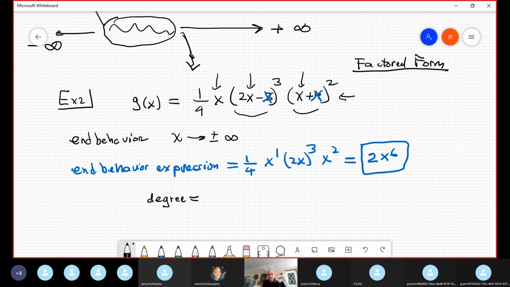This is confusing, and it's tricky because I give you the polynomial in factored form. In factored form, somebody, not me, did the factorization, so you don't see very well what the highest exponent is. You say 3 because you see these 3. But what about these 2? And what about this one? Together, when you expand everything, I know that the degree is 6, exactly like the end behavior expression says.